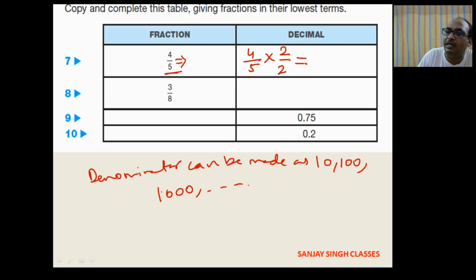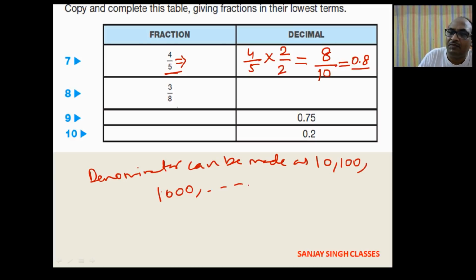So very well we can multiply. So it will become 8 by 10. So 8 by 10 is what? 0.8. Okay. If 10 is there, after one digit we will place the decimal. So it will become 0.8.